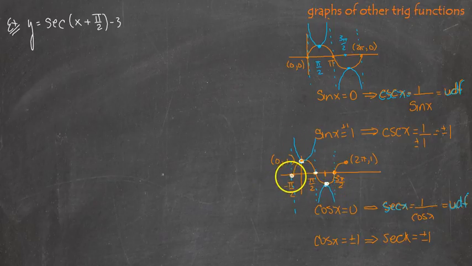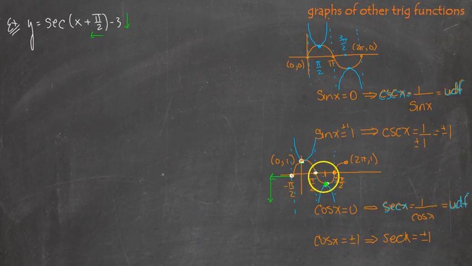I'm going to move everything backward pi over 2 units and down 3 units, which means the asymptotes will all move backward pi over 2 units, and then each of these points at the upper bound and lower bound of the curve will also move backward and down. So it looks like all I have to do is track the mapping of the asymptotes and then track the lower bound and the upper bound of the two curves. So let's do that.